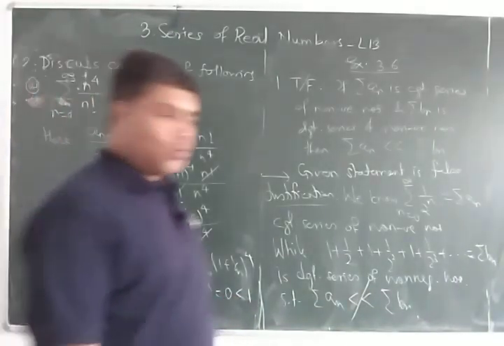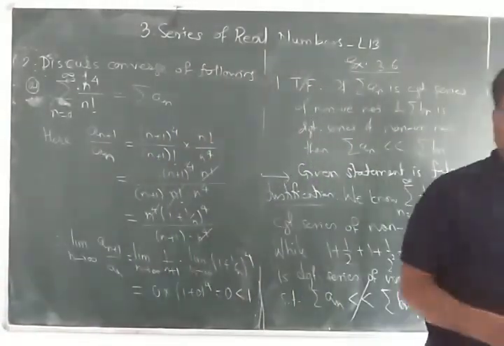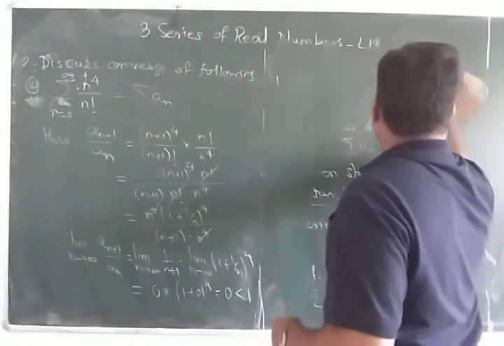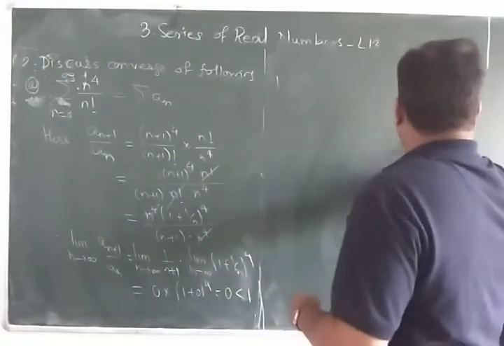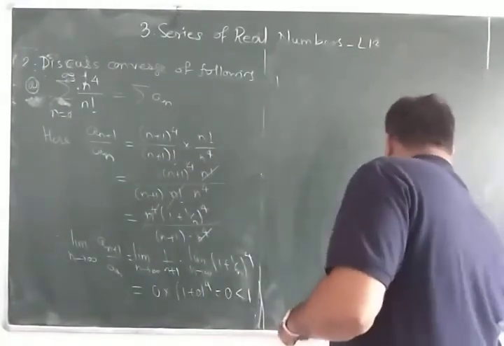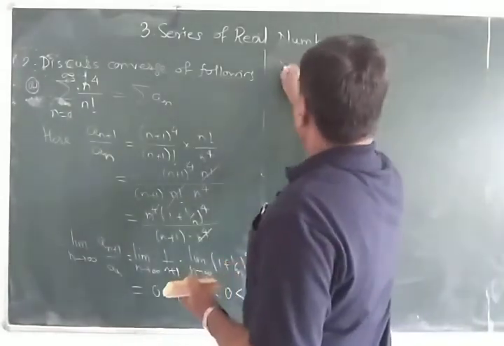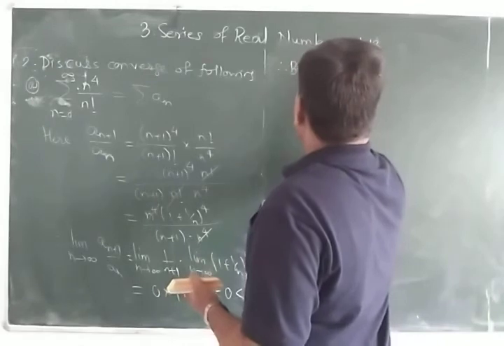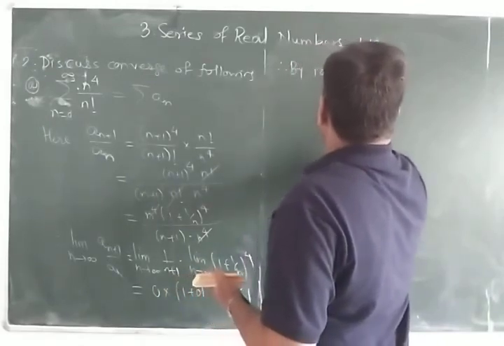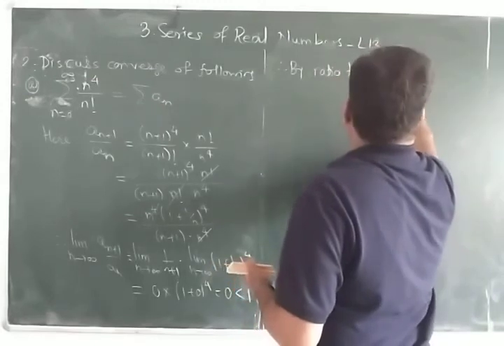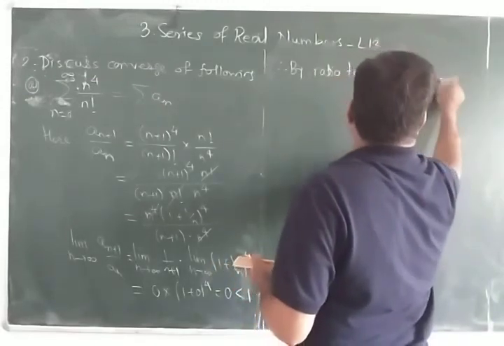And therefore by ratio test the given series is convergent. Therefore by ratio test, summation of n raised to 4 upon n factorial is convergent.